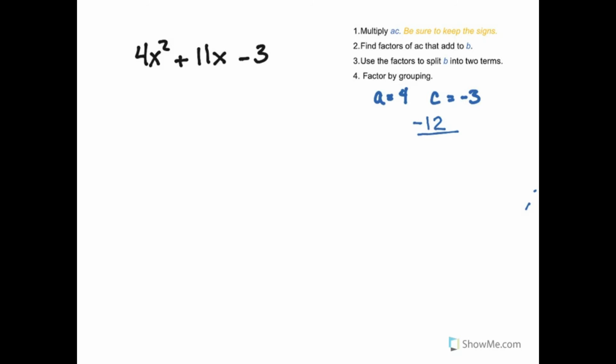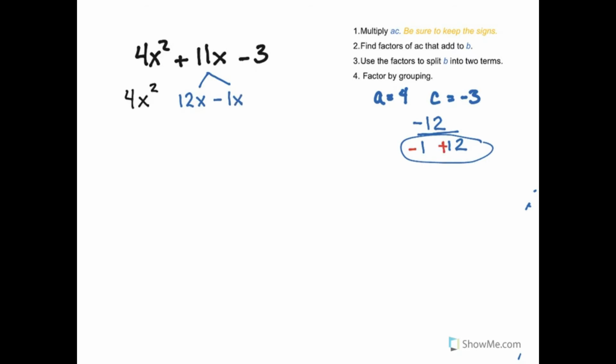It's negative, so I'm really looking at the difference, and the very first factor pair, 1 times 12, has a difference of 11. I use that to split the middle term, so 11x comes from a positive 12x and a negative 1x.